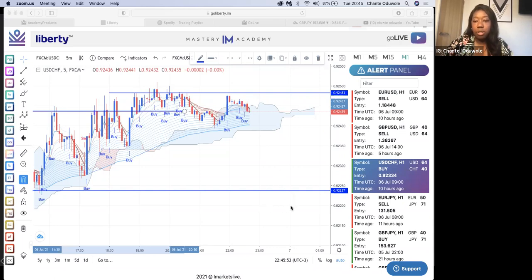Is this based on my support and resistance lines? How do you mean, Gloria? Let me know what you mean. So you are able to unmute yourself as well, if it's more preferable to ask.